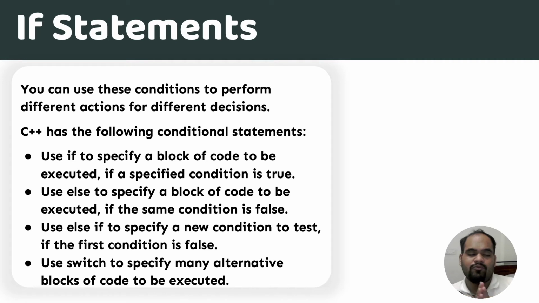You use else to specify what should be executed next if the if is not satisfied. Then if else if is used when you have multiple conditions: if this and that are not satisfied, what exactly has to be followed. And then you have the switch condition. Although entirely different, just to mention over here, switch is also used as a block to select which one you want to apply.